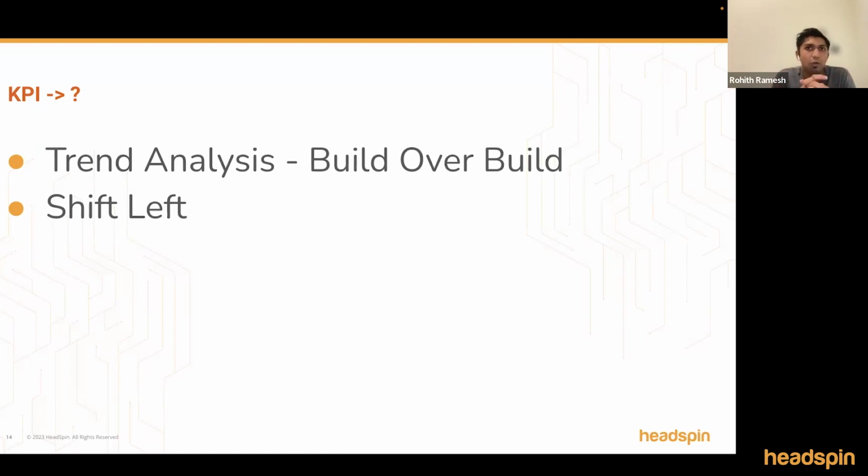Let's say you have a regression test suite of 1,000 test cases. In today's world, when you run a regression test suite of 1,000 test cases, at the end of your test, you basically get a pass or a fail, logs, some screenshots, and that's about it, and maybe a video in some cases.